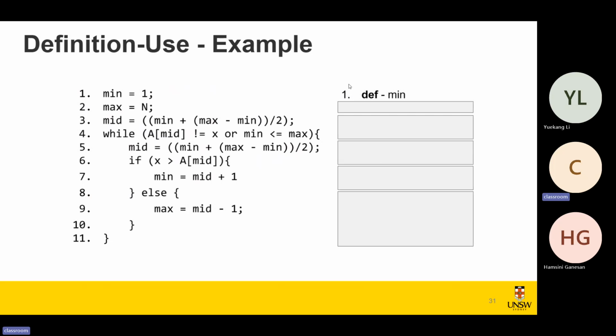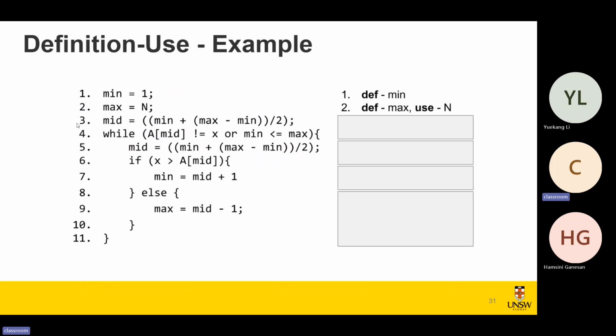Here we declare the variable mean, so this is a definition of the variable mean. And what are the def and use for line 2? We are defining the value of max, and we are using the value of n.